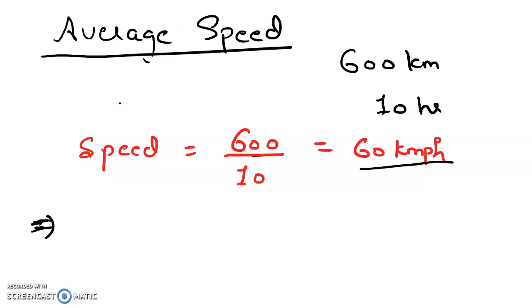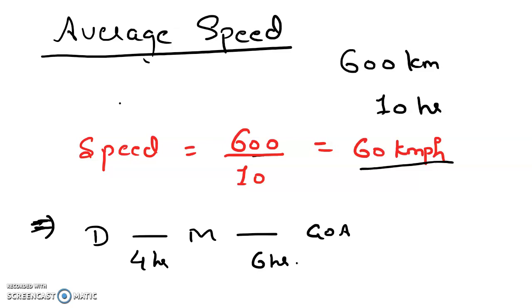Say for example, if I give you one question, you go from Delhi to Mumbai, Mumbai to Goa. Delhi to Mumbai in 4 hours, Mumbai to Goa in 6 hours, and the distance from Delhi to Mumbai is 600 kilometers, and this one is 200 kilometers. So what is your average speed for the journey?